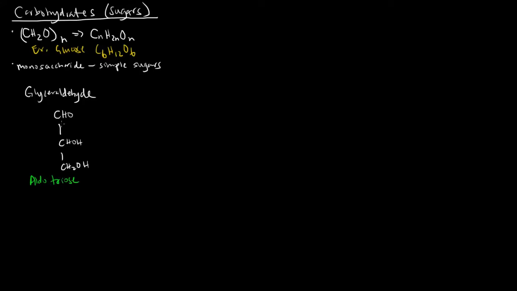Aldo because the most oxidized carbon at the top is an aldehyde, and triose meaning that it's a 3-carbon sugar. 1, 2, 3. Another 3-carbon sugar is dihydroxyacetone, which looks like this.